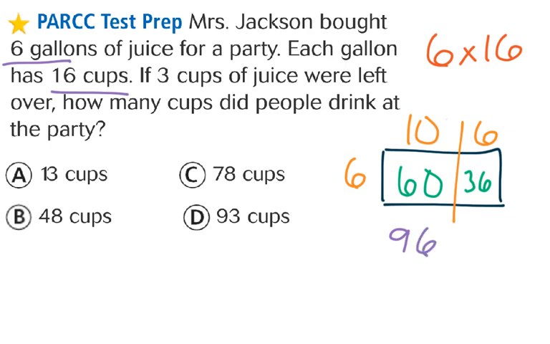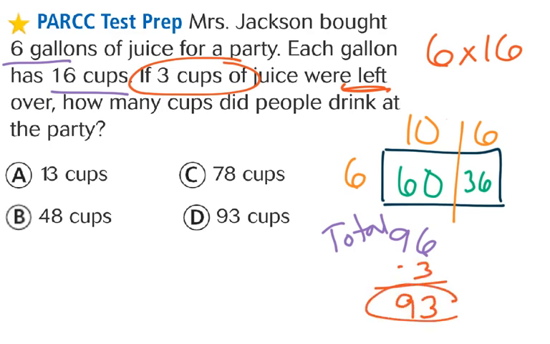So 96 is the total number of cups that were at the party. Then it says if 3 cups of juice were left, that's how much was left over. We want to know how many did people drink. All we have to do is subtract 3 from our total, and we have 93 cups of juice. So our answer should be D, 93 cups.